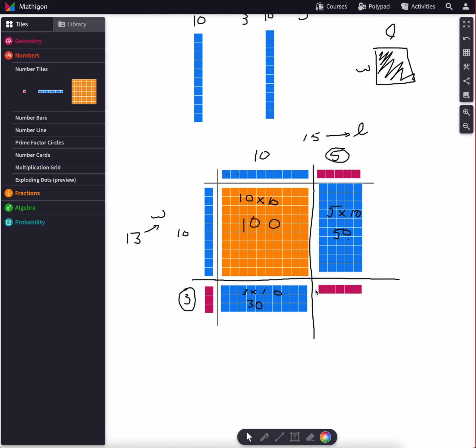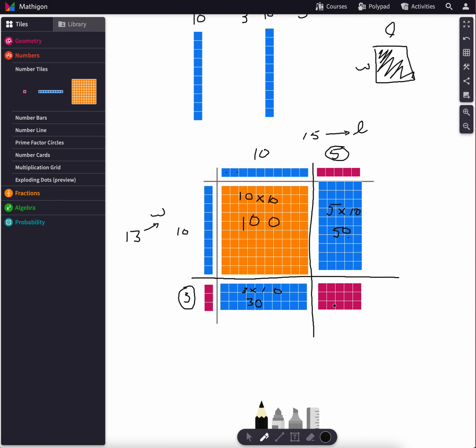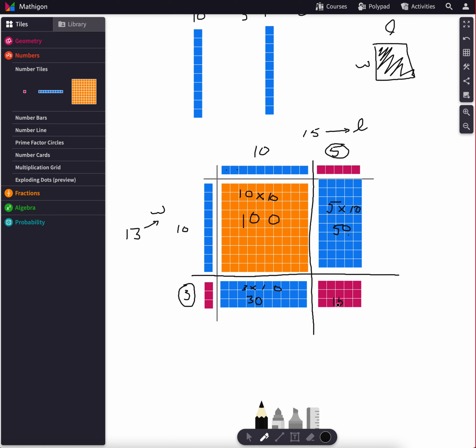Okay, so there's 5 there. All right, so 3 times 5 gives me 15.